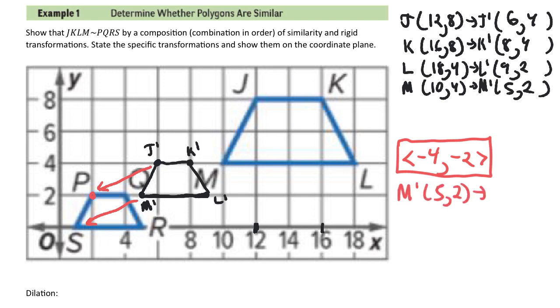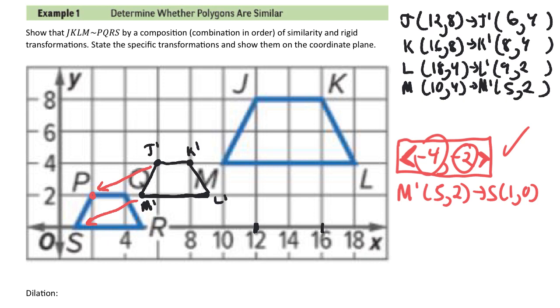We needed to get to S, which is at 1, 0. So how much do you have to subtract from 5 to get 1? -4. How much do you have to subtract from 2 to get to 0? -2. So clearly our translation vector is correct. Translation vector, -4, -2. Notice these symbols right here. These are triangular symbols. That's what indicates the translation vector.